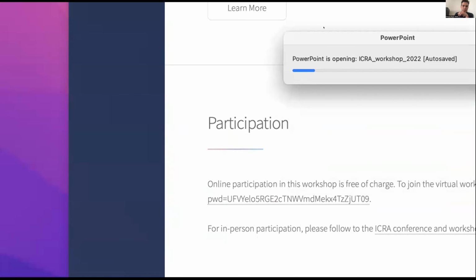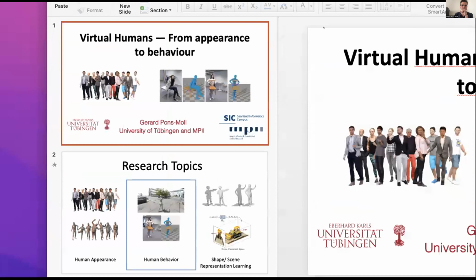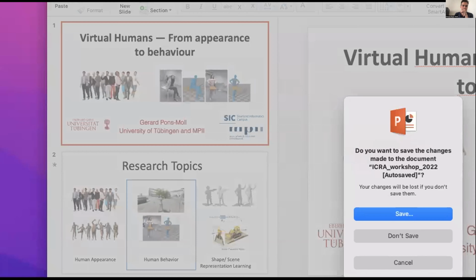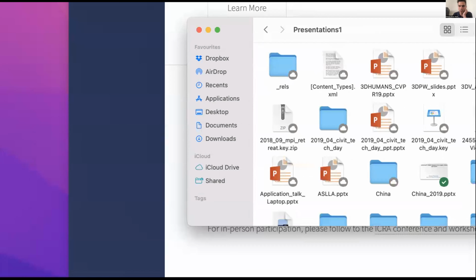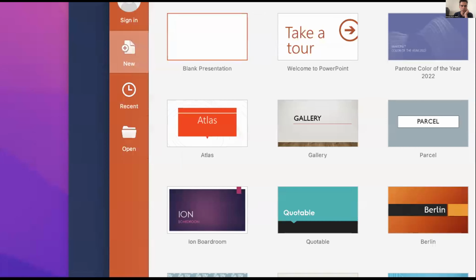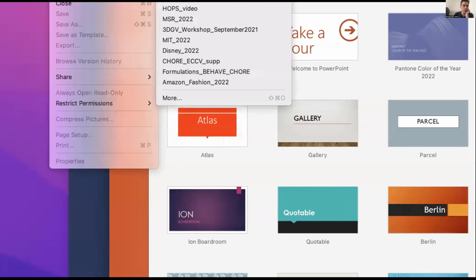Maybe I'll skip these animations. This is auto-saved. Let me try something. Sorry about this. It's okay, maybe we skip one slide and continue from the next one if it doesn't work. That's what I will do, but I'm afraid that it's breaking for different slides. Let me just try one thing.